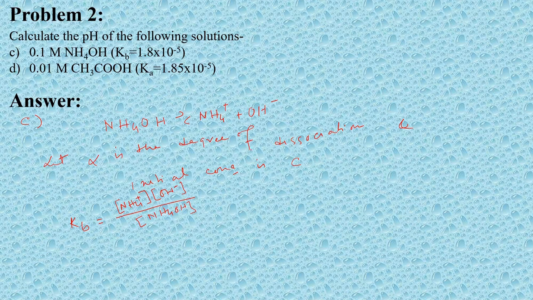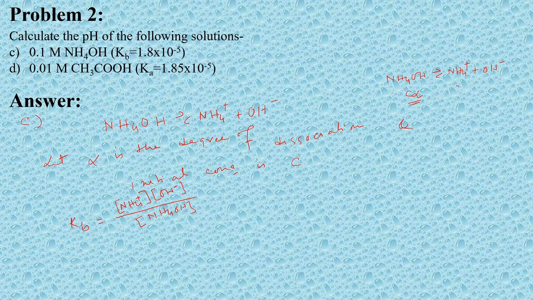Initially, from this equation, I write here the initial concentration is C, and we consider that alpha is the degree of dissociation. That means C alpha will be dissociated.